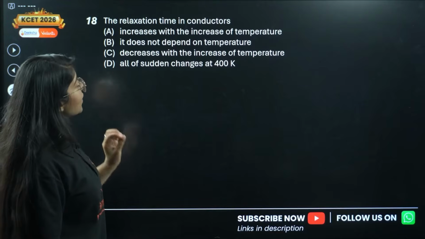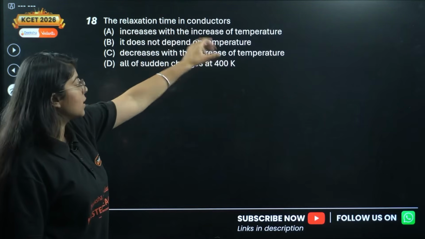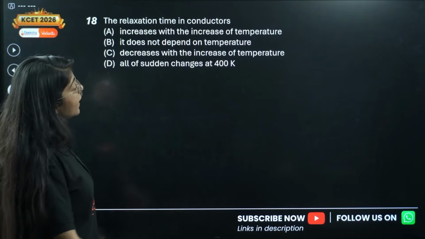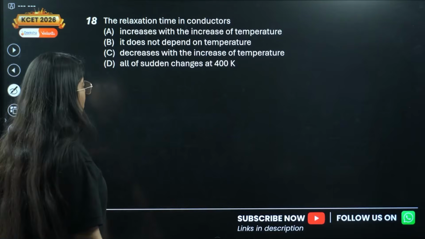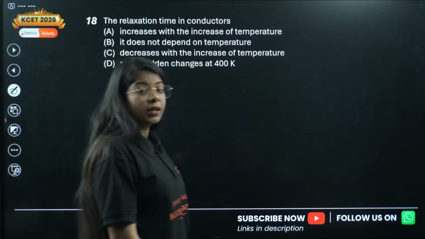The relaxation time in conductors, what? It increases with increase in temperature. It does not depend on temperature. It decreases with increase in temperature, and all of a sudden changes at 400 Kelvin.